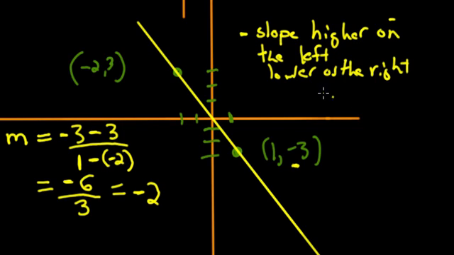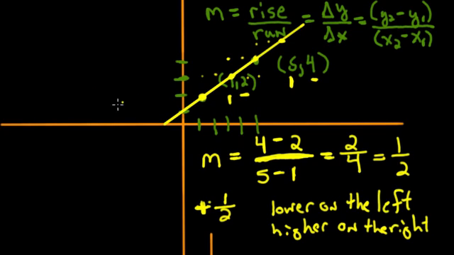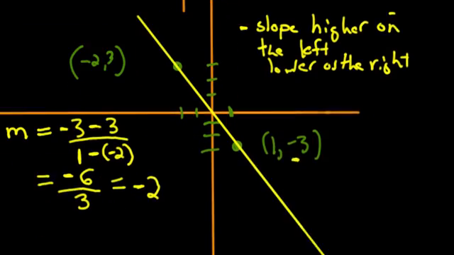It's falling. As x gets bigger, y gets smaller. Positive slopes, as x gets bigger, y gets bigger. And that's what our slope's telling us.